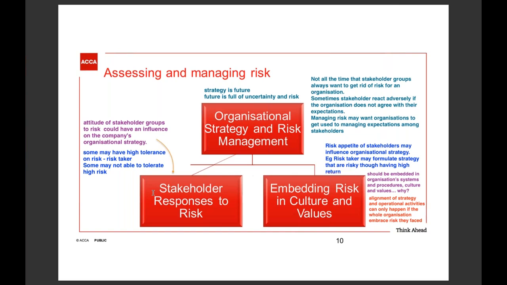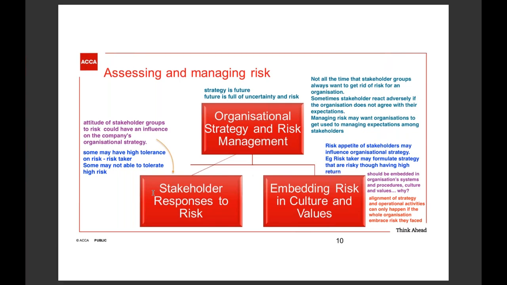Let's say, for example, your shareholder is a risk averse person, and your CEO is someone who is a risk taker. Shareholders have already appointed your board of directors to work on their behalf and make sure that the board is satisfying the needs of the shareholders.